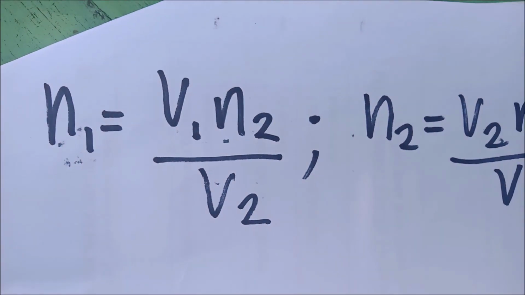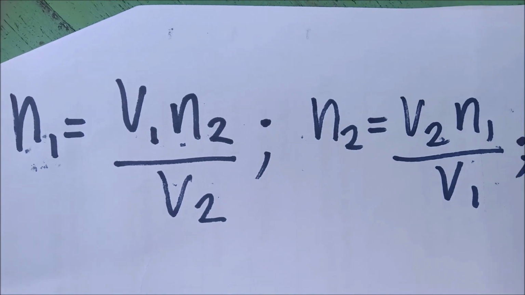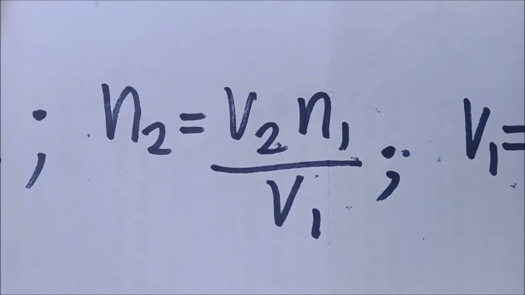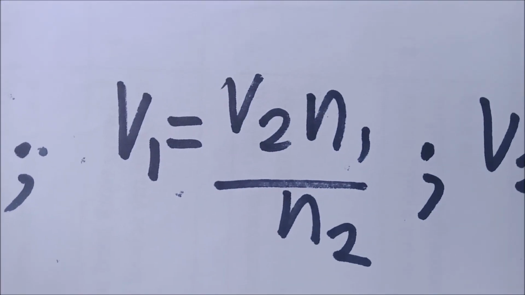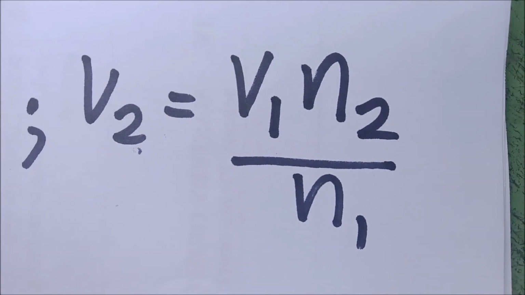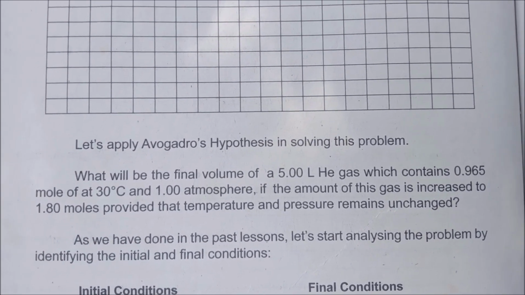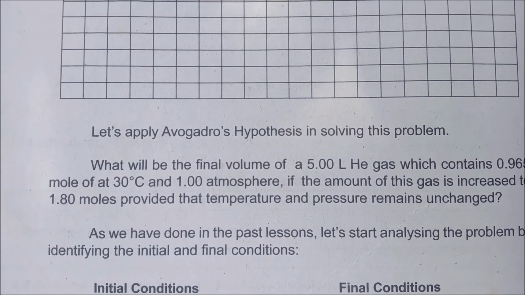So our four formulas, let's include the three other more formulas. This is for N1, this is for N2, for V1, and for V2. Let's try to apply Avogadro's law in solving a sample problem.